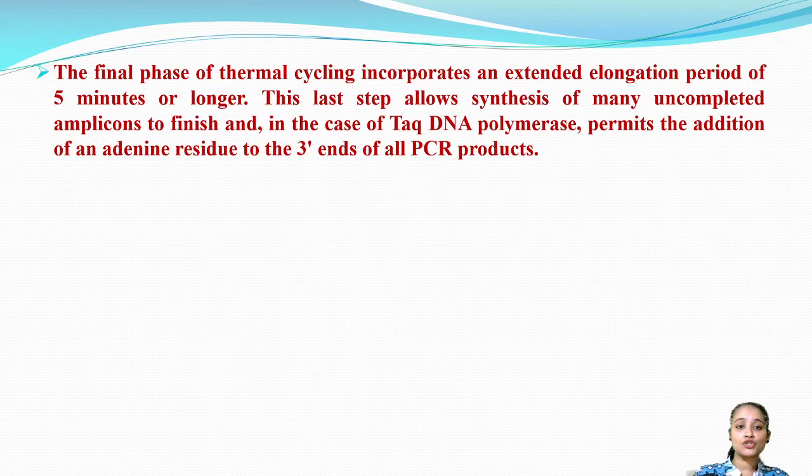The final phase of thermal cycling incorporates an extended elongation period of 5 minutes or longer. This last step allows the synthesis of many uncompleted amplicons to finish.